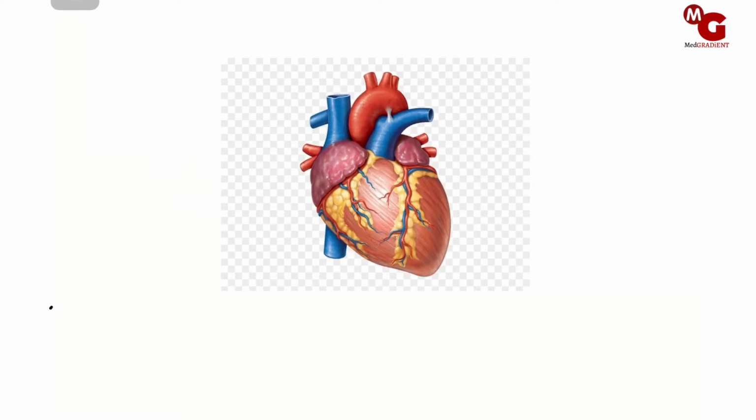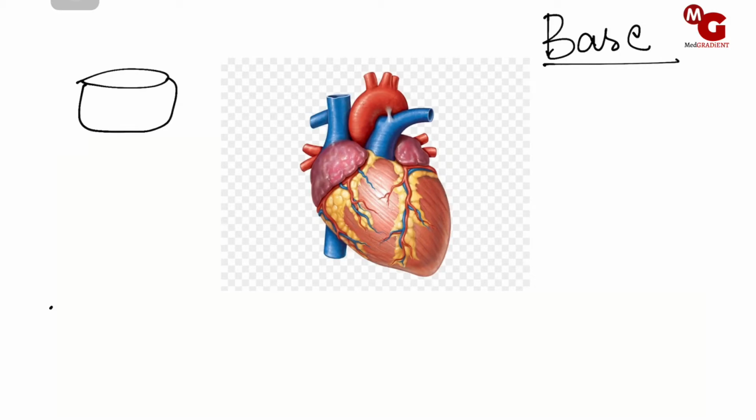First, what is the base of the heart? Base is something which has its attachment lower with respect to the other organs. A base has always to be inferior. Let's say we've got a bowl and a table.